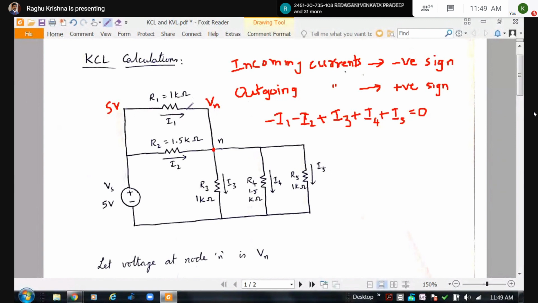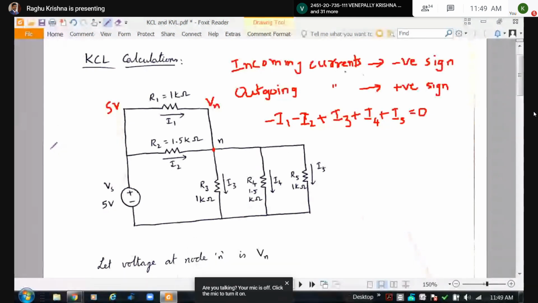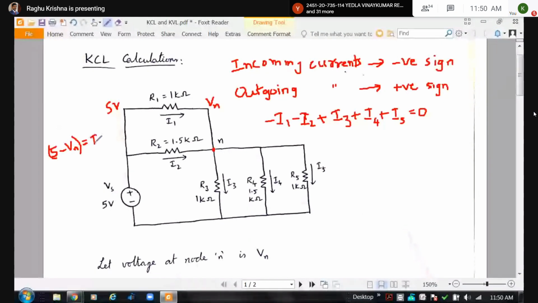As per Ohm's law, the potential difference, that is 5 minus Vn, V equals IR, that is I1 R1. So this is according to Ohm's law.